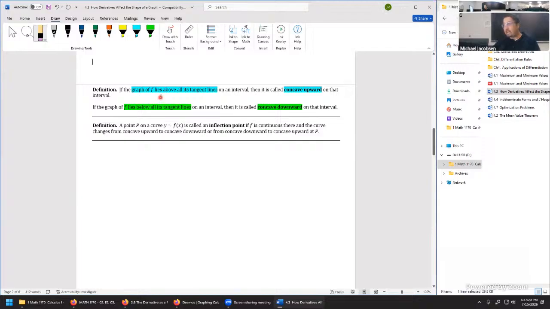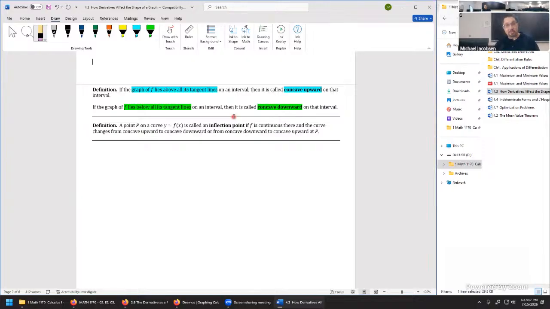It says if the graph of a function lies above all of its tangents, it's concave up. If the graph lies below all of its tangents, it's concave down. And an inflection point is a point where it changes from concave up to concave down, or from concave down to concave up. An inflection point is where concavity changes, in other words.